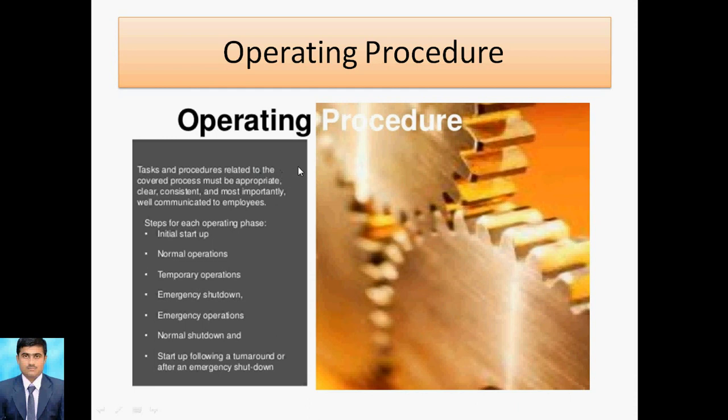So these parameters are important here. While starting the machines, what the normal operations are, what the temporary operations are, and how to do emergency shutdown, this type of study is required for the employee.